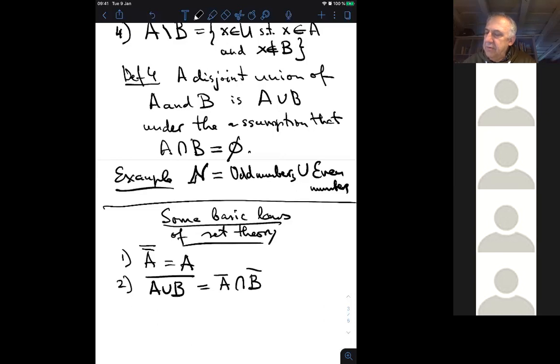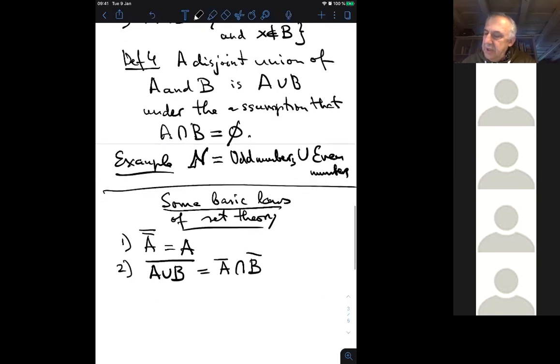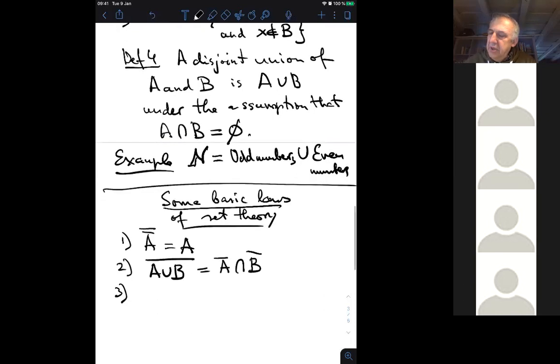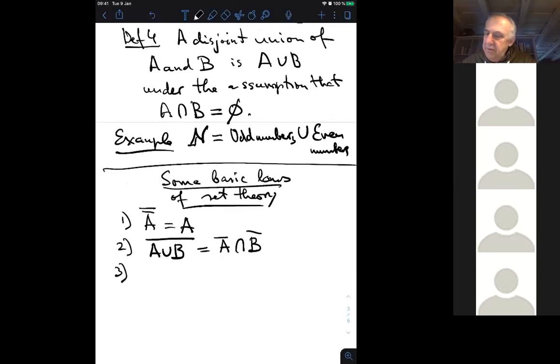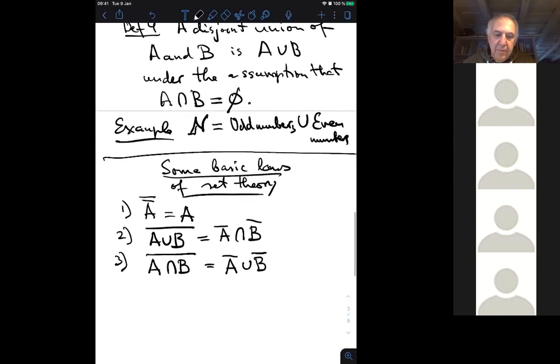All laws I'm stating here are rather trivial, but it's a nice exercise to think them through. If we take the intersection of two sets and take the complement, what happens then? Well, I'm claiming this would be the union of individual complements. Okay, maybe we should prove some of them.